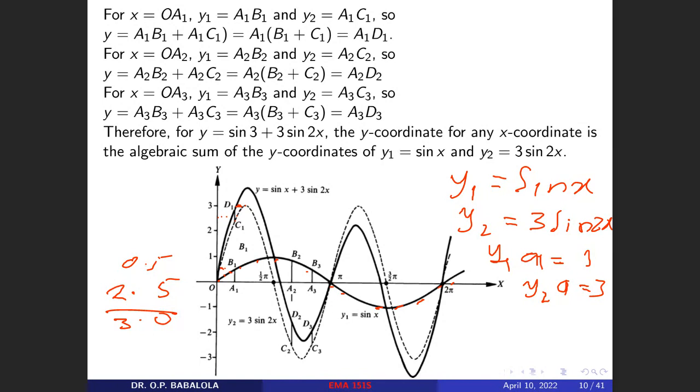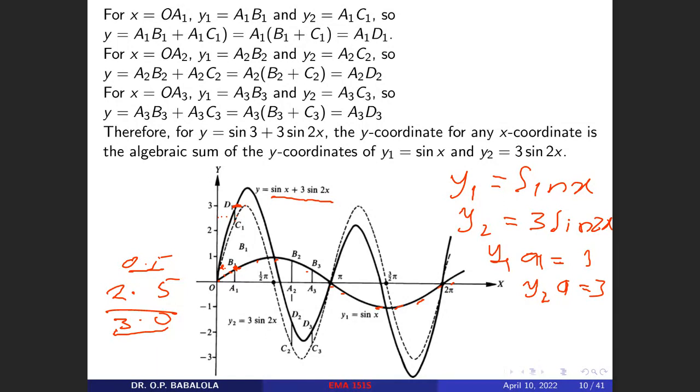To sketch the graph of their sum, at point A1 we have the value of 0.5 for the first function. For the second function, 3 sine 2x, at point A1, the y value is 2.5. When you add it together, you have 3.0, and that tells you their sum. You see, D1 will be there.